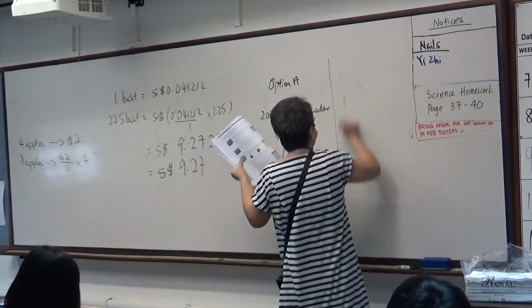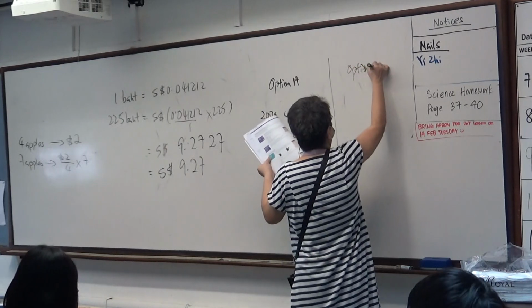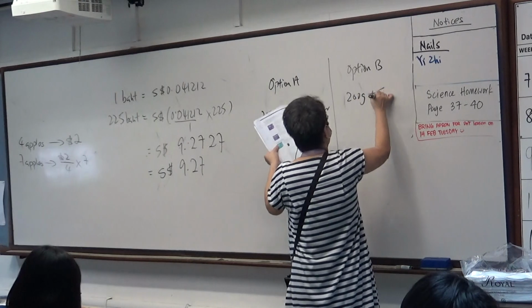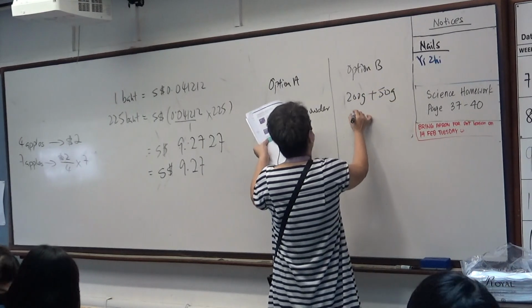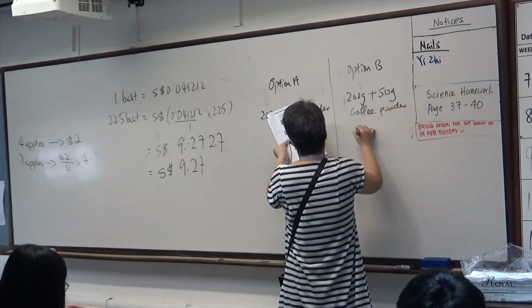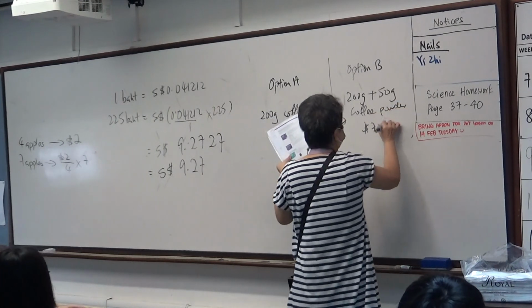Option number B is 200 gram plus 50 gram coffee powder for what? 7.5.